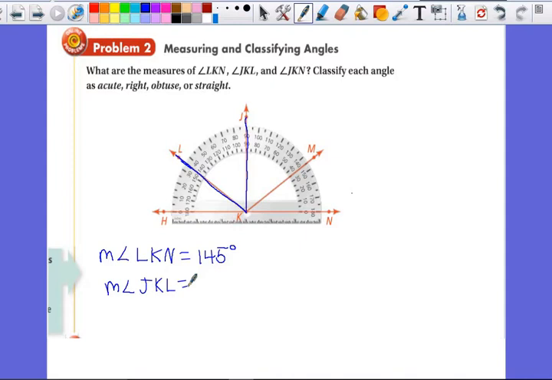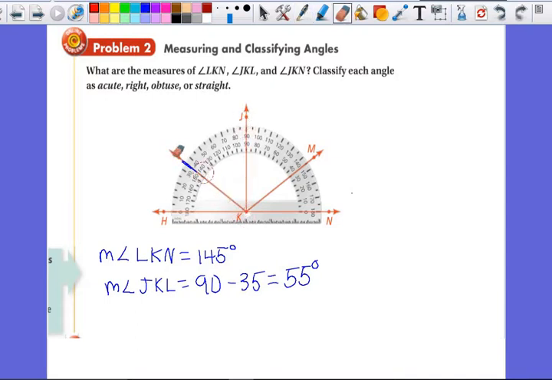So we have one of them at 90, and we have one of them at 35, right? So what we're going to do is subtract those two things. If I do 90 minus 35, that tells me that that angle is exactly how many degrees? Well, that would give us 55 degrees.